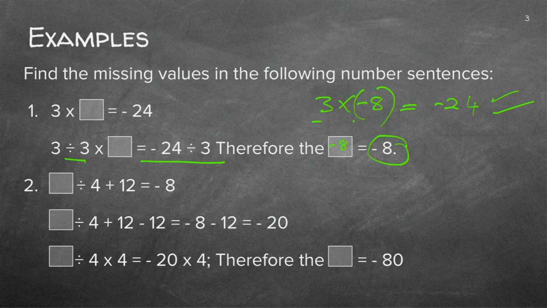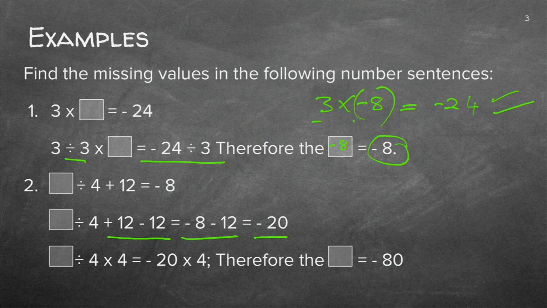Okay, let's do the next example. Something divided by 4 plus 12 equals minus 8. So now again, we want to get rid of everything on this side because we want the block on its own. So first we're going to say minus 12, and what we do on this side, we do on that side. So we've got minus 8 minus 12, which will give us minus 20.